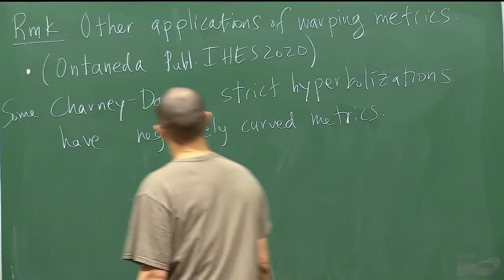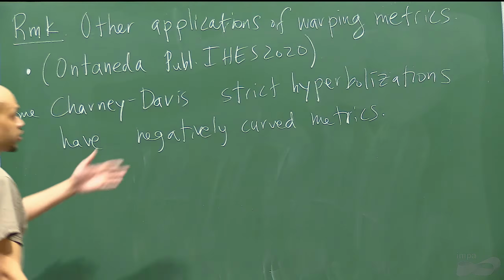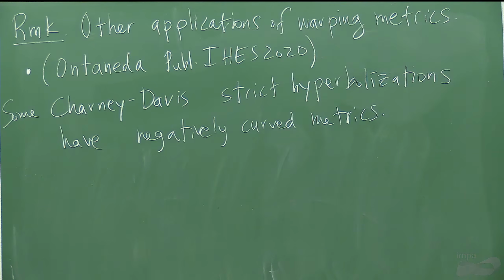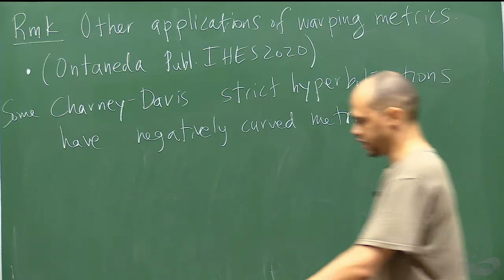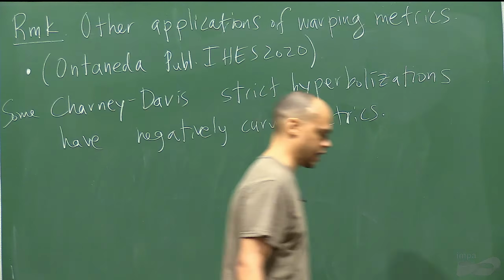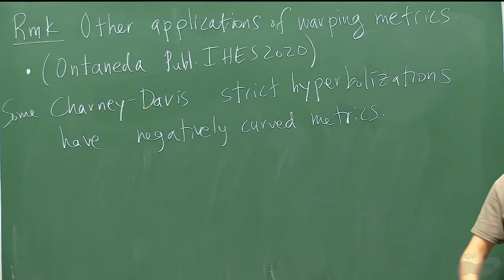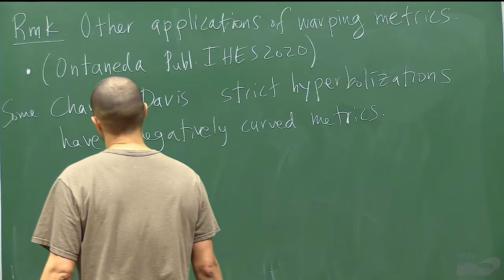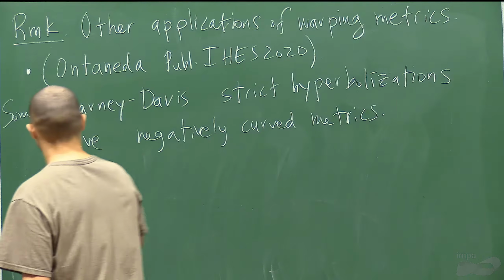And the point is that the strict hyperbolization construction gives you like a singular cap -1 metric, but there's definitely singularities. And Antoneta shows that you can smooth the singularities by some warp, using the warping method. Yeah, and it's quite technical.